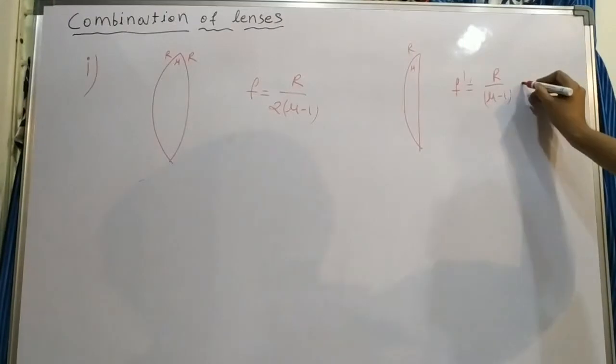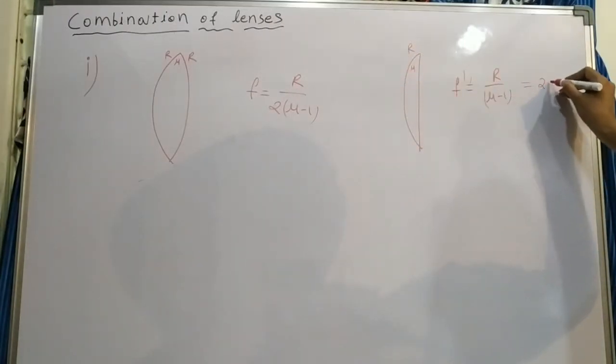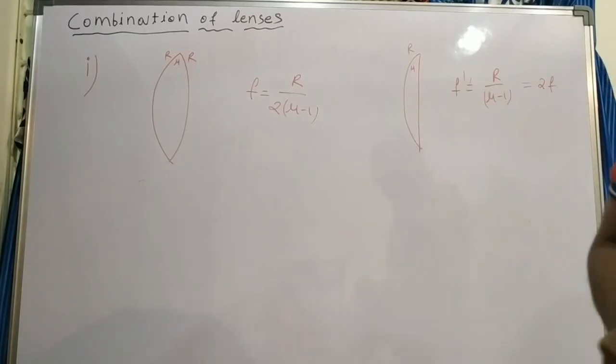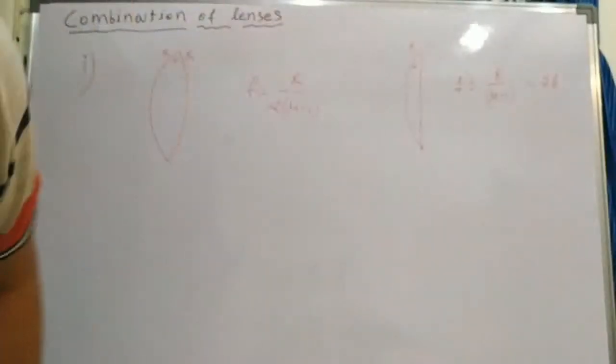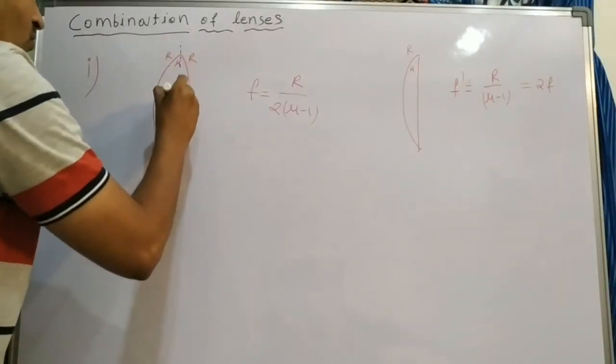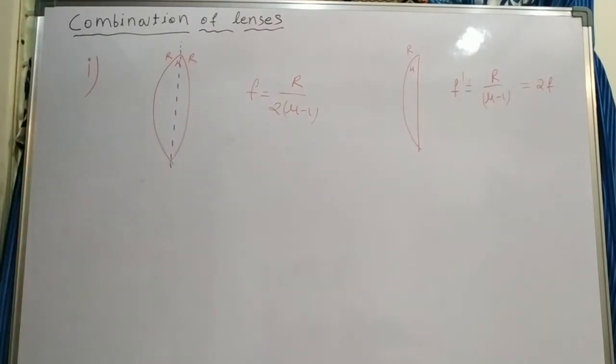So what is the relation between that focal length and this focal length? It becomes 2f. That means if you cut a lens perpendicular to the principal axis, the focal length of each piece is two times the original.